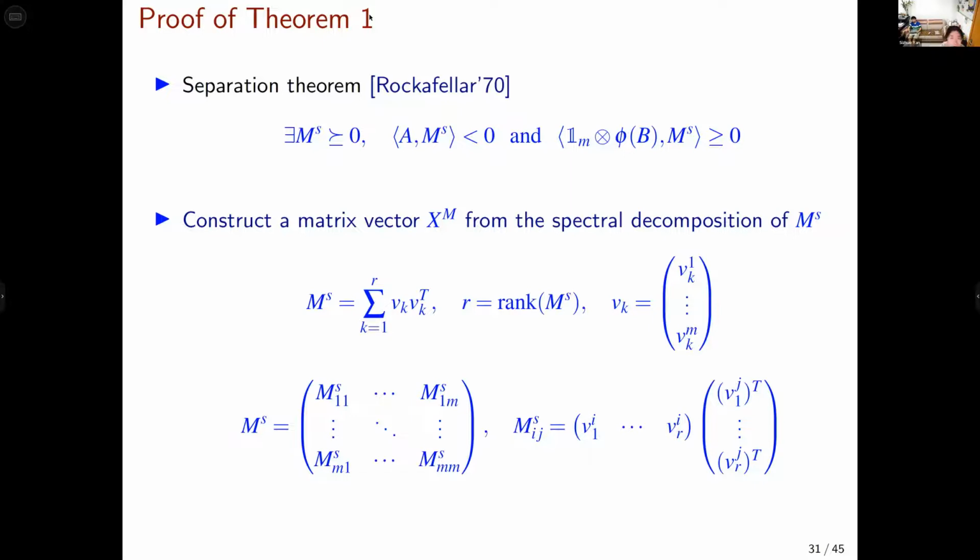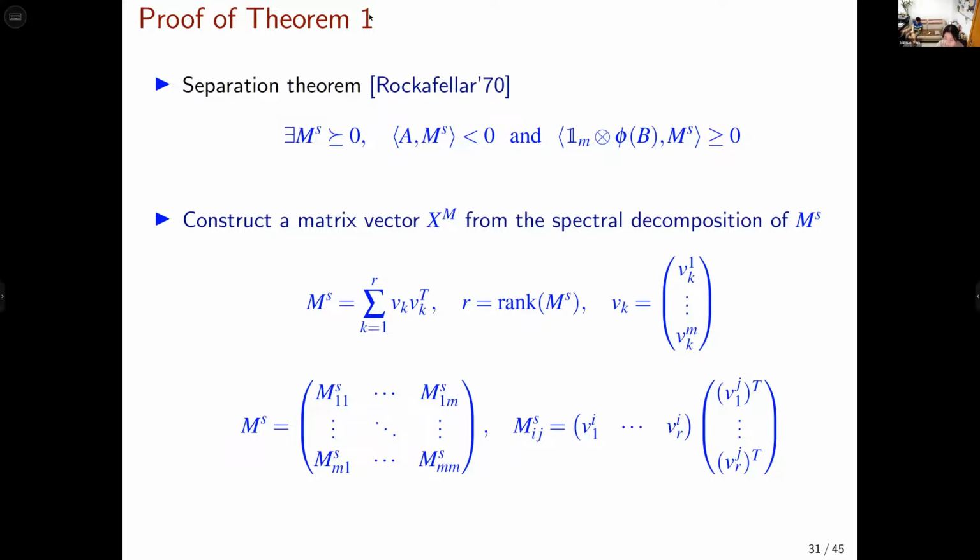And then we want to find a connection between the inner product of M and the coefficient matrix and the evaluation of the polynomial. So we construct the matrix vector xi from the spectral decomposition of M. And this is the spectral decomposition of M. Then every vector we can cut into M parts, and then we can also cut M into M_i, j.